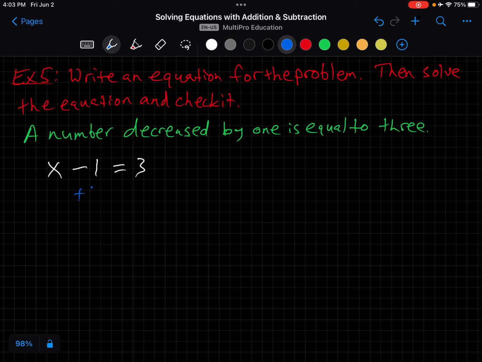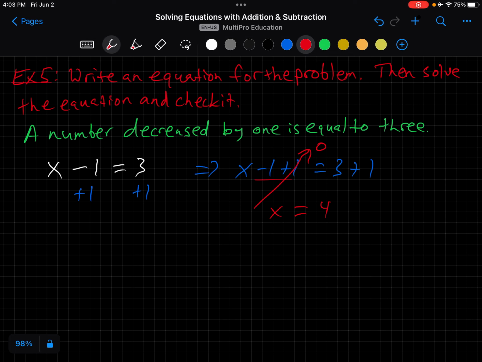All right, now let's solve this for x. Let's add plus 1 to each side. So that gives us x minus 1 plus 1 is equal to 3 plus 1. Well, y'all remember this? When you add and subtract the same thing, it becomes 0. All right, so then x is equal to 4. Whoa, look at that. We solved for it.